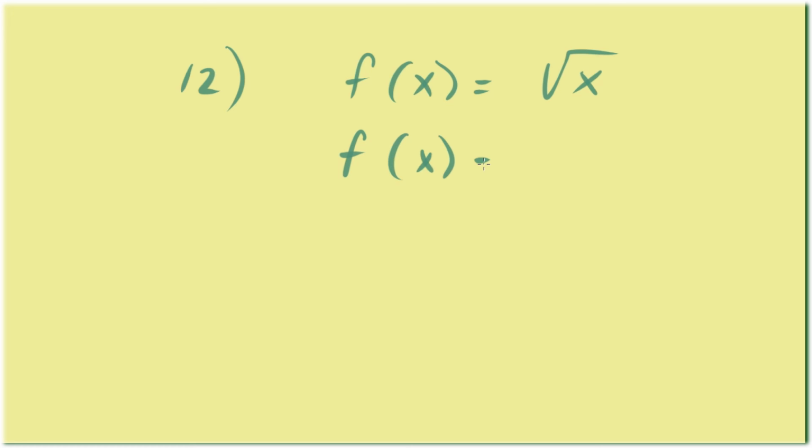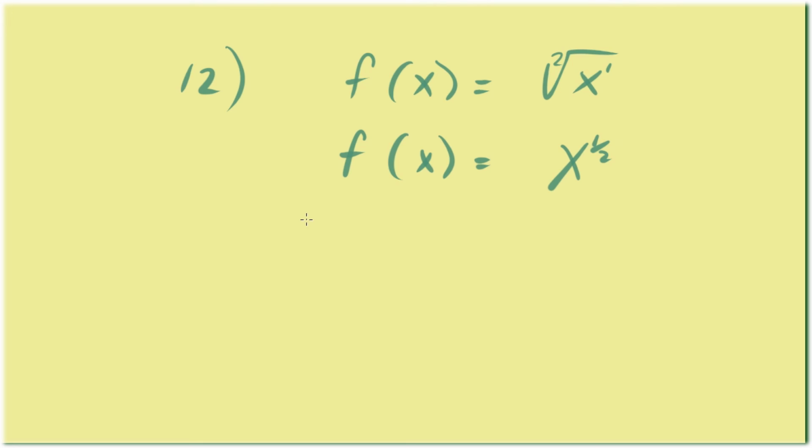If you want to see how you get that 1 over 2 square root of x, I'll show you. Let's say you have square root of x here. Now we know that a radical, square root of x, is equivalent to x raised to the exponent of that variable x, which is 1, over this index here, which is 2.